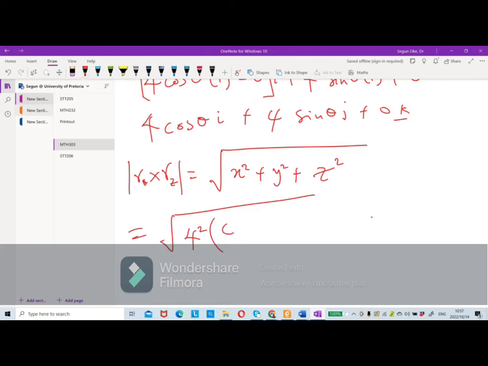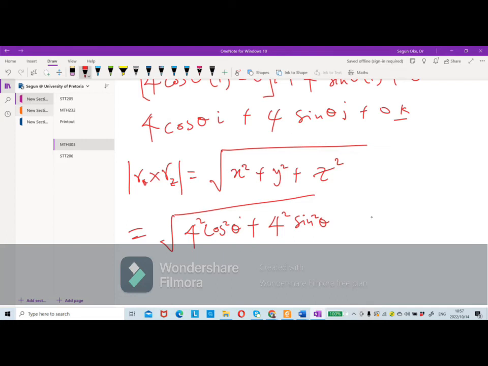Let me write it one by one. It will be 4 squared cos squared theta, plus 4 squared sin squared theta. Are you getting it?